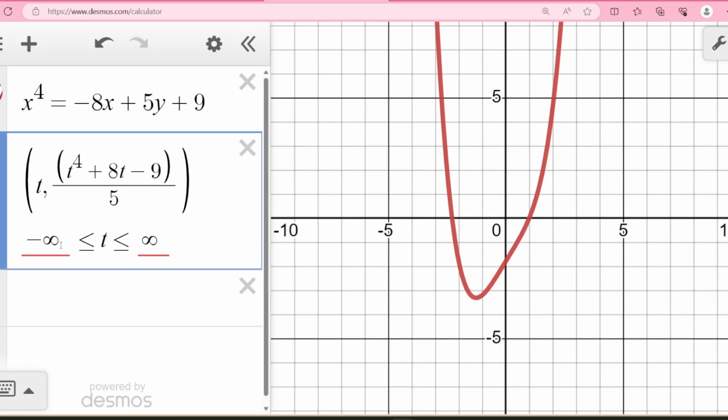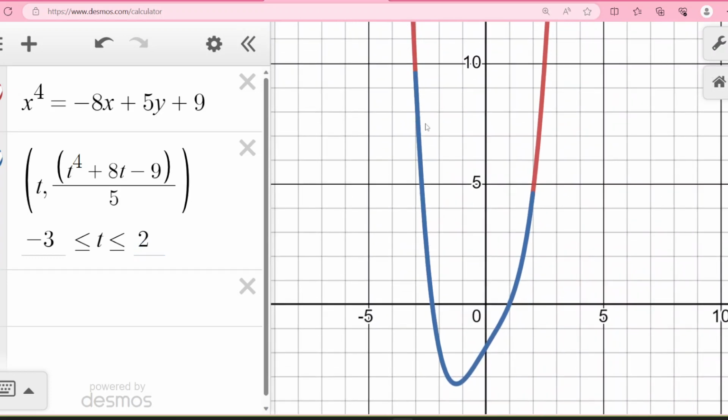Now, if it was all real numbers for t, we'd get the entire curve. Let's say I just go -5 for t. So remember, that's just also the x-coordinate. We could go from -5 up to 2, but maybe I'll go -3 to 2 just so we can see it without having to zoom out. So from -3 for t to 2 for t, you see we're getting this blue curve here.